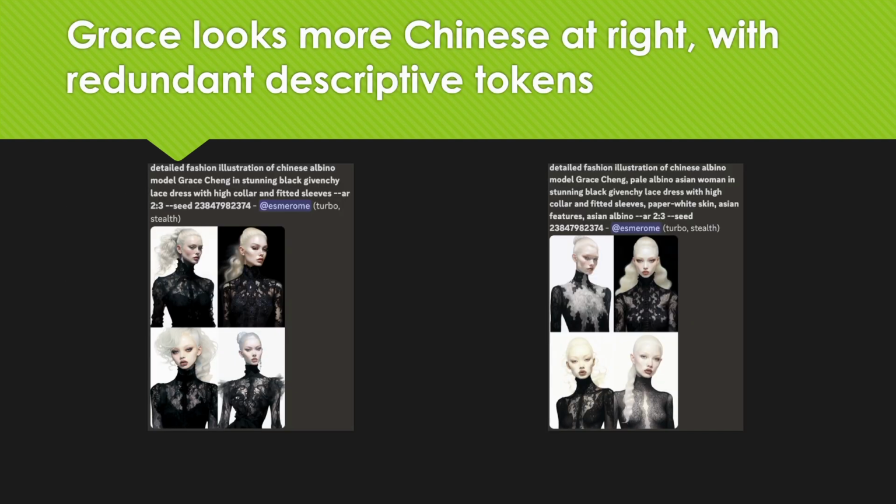So here are some examples where on the left we only describe her as being Chinese, and so she doesn't look that Chinese. And then if we add more, where we say Chinese pale albino Asian woman, paper white skin, Asian features, Asian albino, she looks more Chinese in this one. And so that's an example of adding redundant descriptors to get a better result.